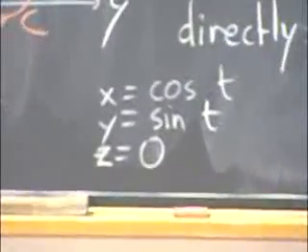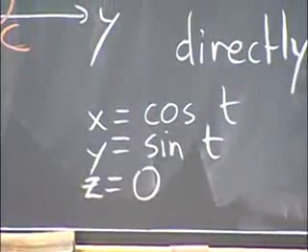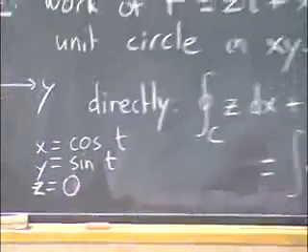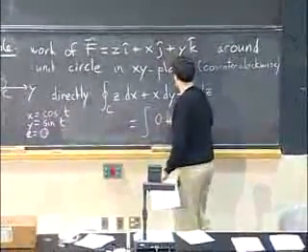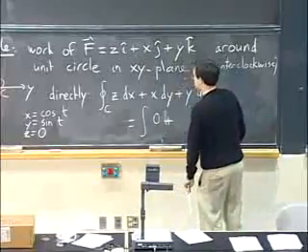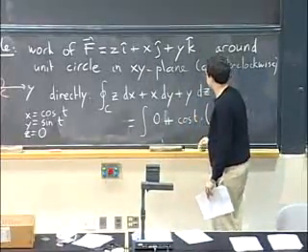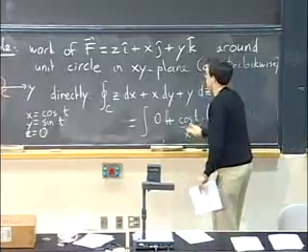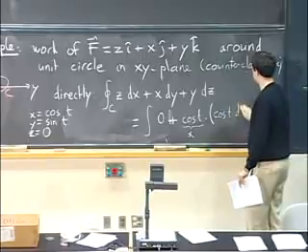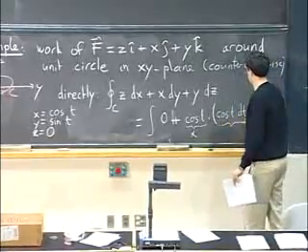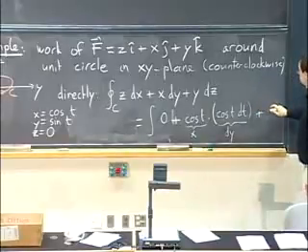Okay, so that will just become the integral over C. Well, z times dx, z is 0, so we have nothing. Plus x is cosine t times dy. If y is sine t, then dy is cosine t dt, plus y dz, but z is 0.